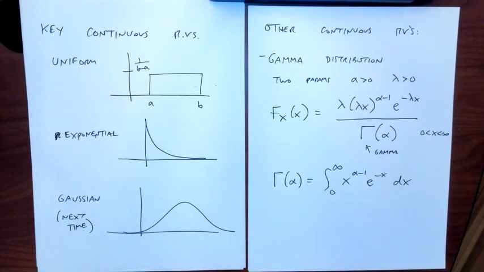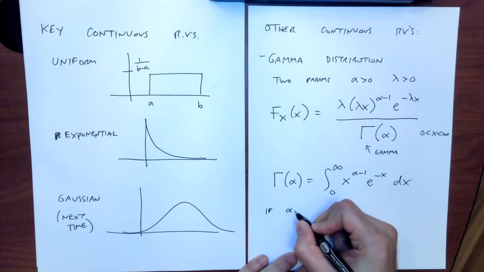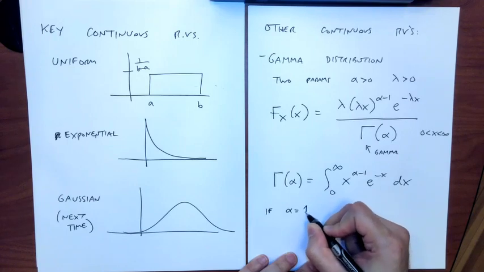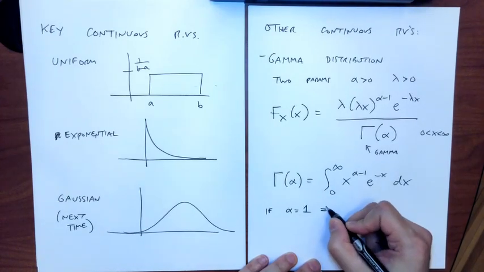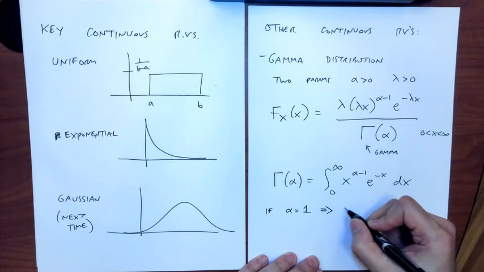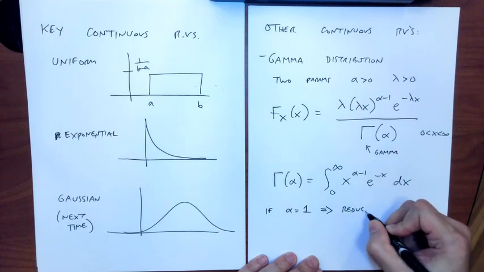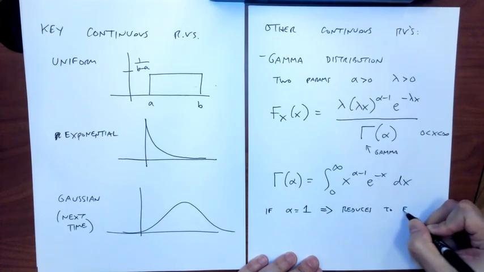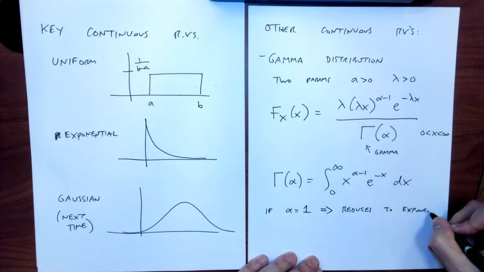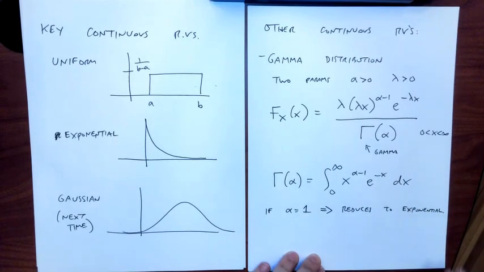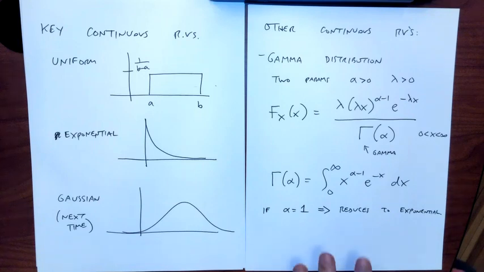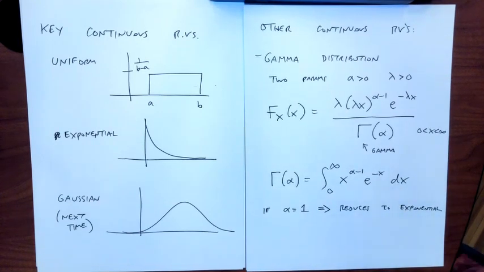So the idea is that by changing alpha and lambda, I can generate a whole family of different distributions. In fact, if alpha is equal to 1, then this whole thing reduces to the exponential distribution. So in a way, this is a more general distribution that I could use to make exponentials and other things, right?